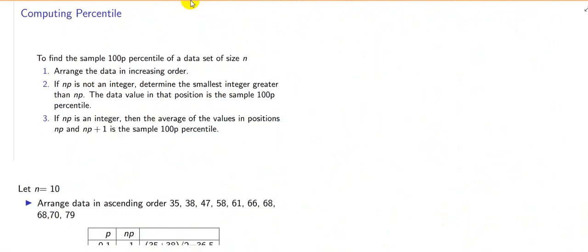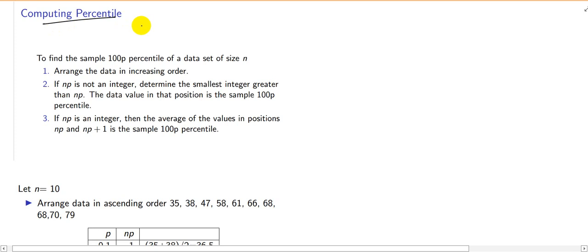Now let us see how to compute a percentile using this IIT slide. To find the sample 100p percentile of a data set of size n, arrange the data first in increasing order. Percentile is also a position, and recall that the median also was a position.